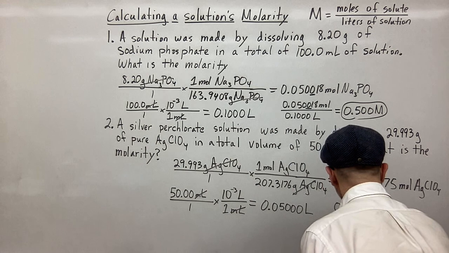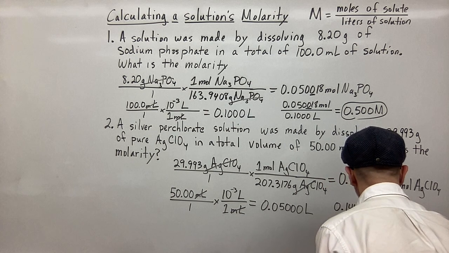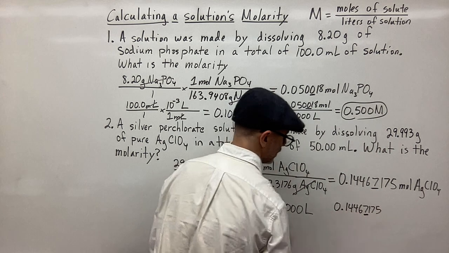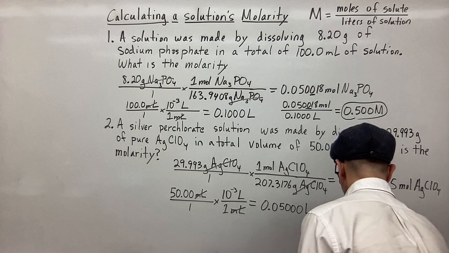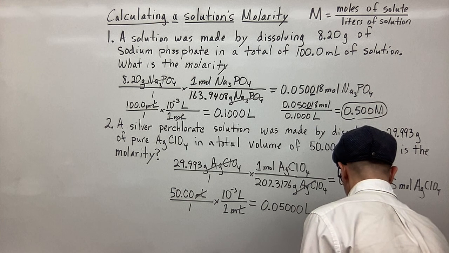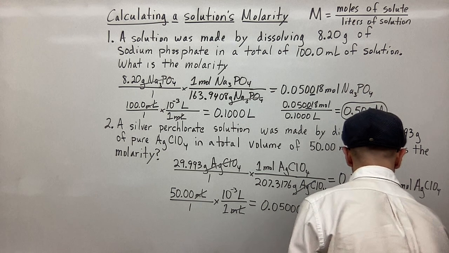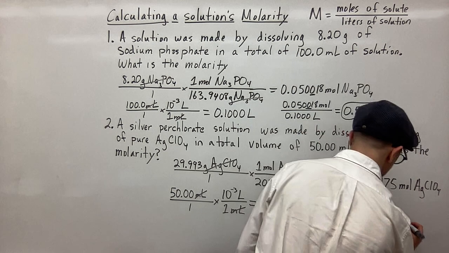So 0.1446717. Again, a line under the 7 to indicate that that's the last sig fig for that measure. And then divided by 0.05000 liters. And again, this is moles.